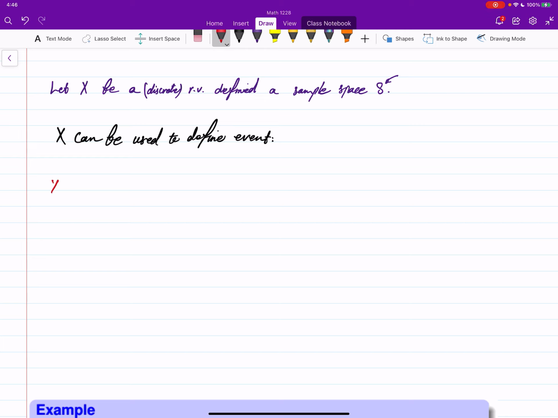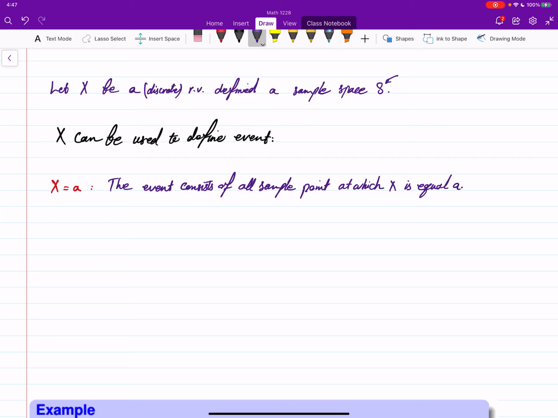For example, X equal to a number. This is an event, and the event consists of all sample points at which X is equal to a.